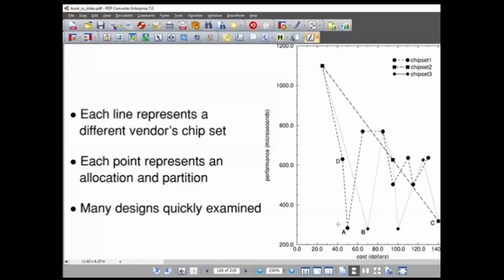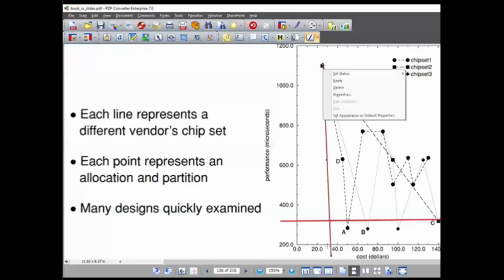You can see that the same operation can be performed with a cost of say $30, but in that case the number of cycles to be performed is more than 1100. Whereas if we want to increase the performance, the number of cycles or operation time gets reduced to 300 microseconds, but the cost gets increased up to 140.